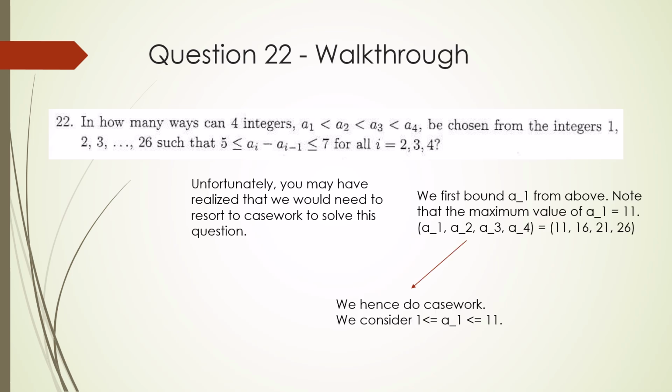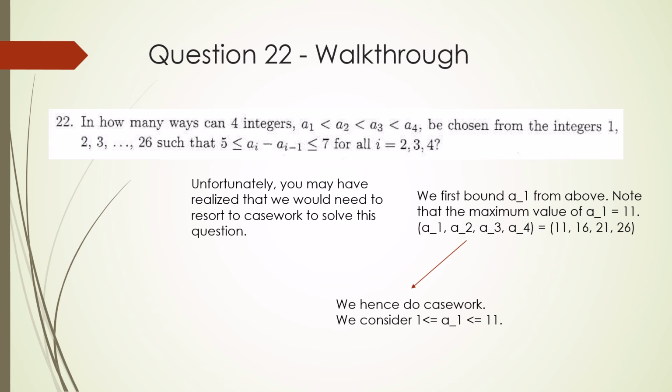We need to resort to casework to some extent to consider this problem. So we can start off by bounding a1 from above. We want to choose 4 integers, and we know that the difference between each integer must be at least 5, right? So you know that the maximum value of a1 is 11. Why?